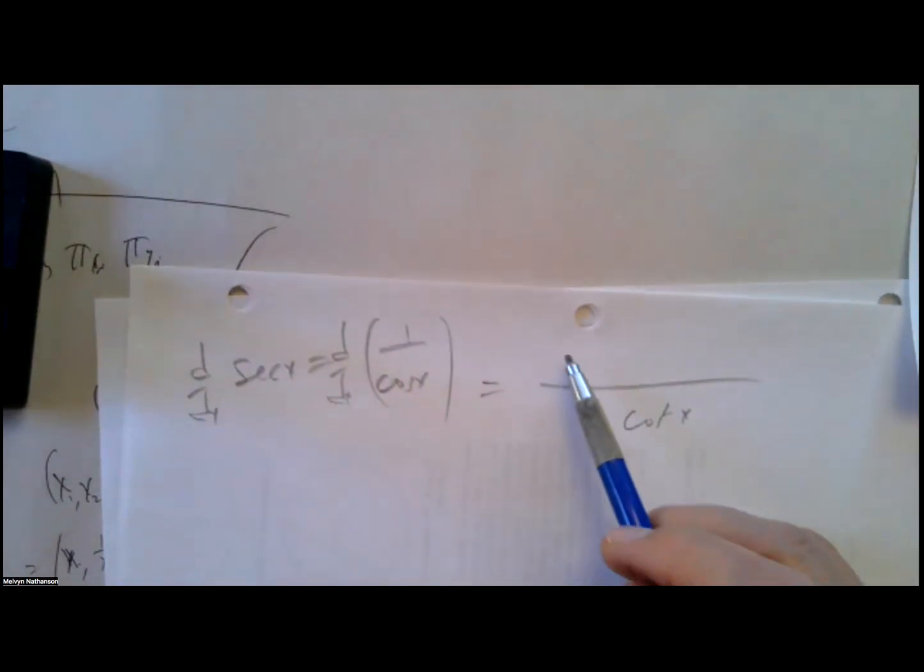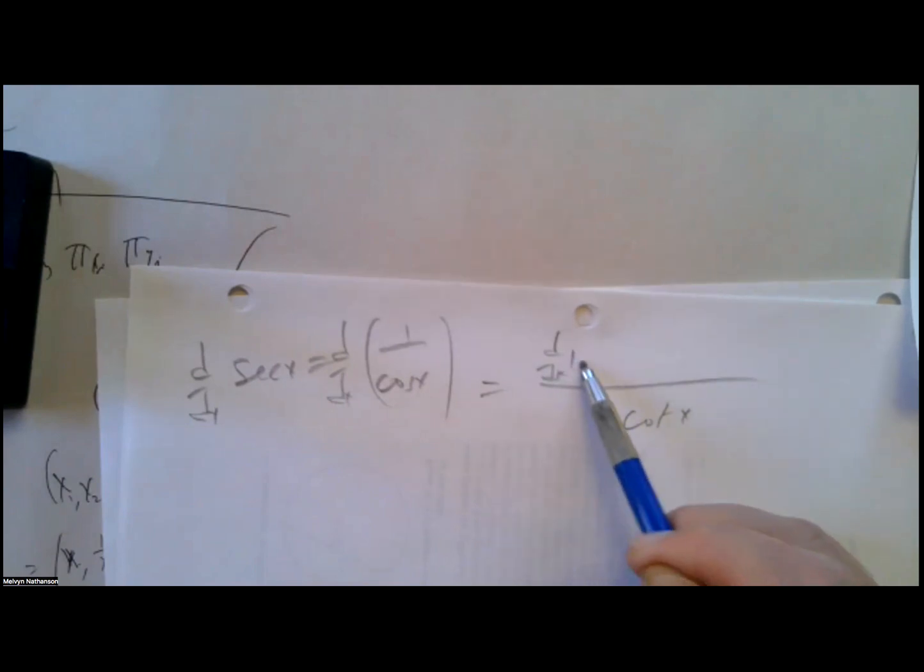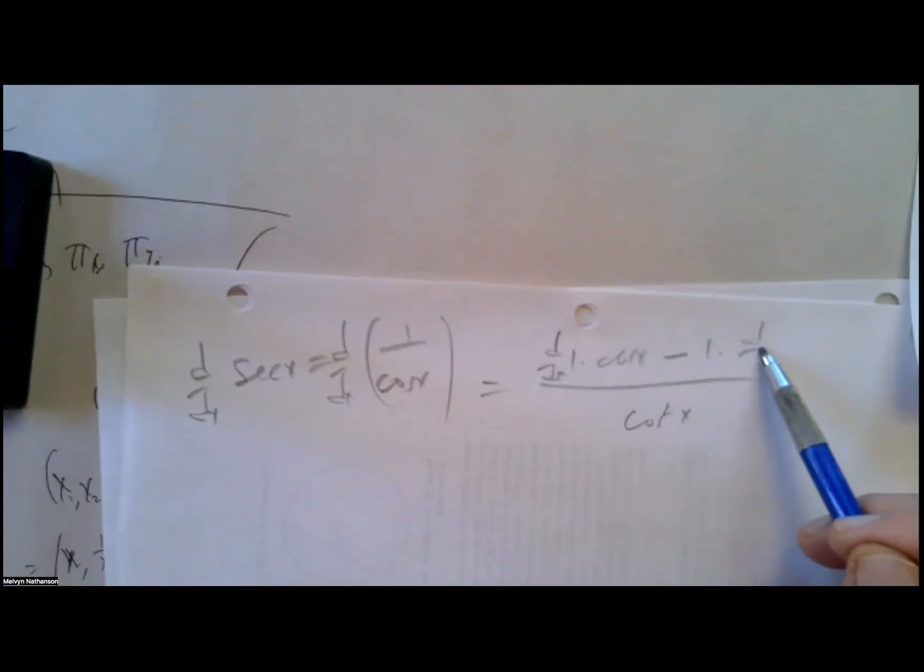By the quotient rule, I have cosine squared x. I have the derivative of 1 times the cosine minus 1 times the derivative of the cosine. Cosine squared x is still in the denominator.